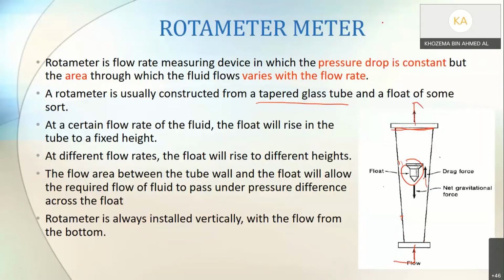For your venturimeter or orifice meter, the flow is horizontal, from left to right or right to left, depending on the arrangement of the piping system. But for the rotameter, the flow must always be from the bottom to the top.